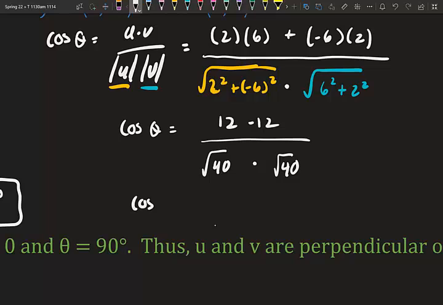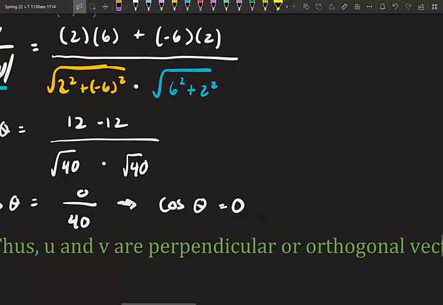We're left with cosine theta equals 0 over, well, these two are the same. When they're matching, it just cancels out, so we're left with 40. 0 over 40 is just 0. So we have cosine theta equals 0. You should know that it's 90 degrees, but it's okay if you don't. We take our inverse cosine of 0, and we get theta equals 90 degrees.